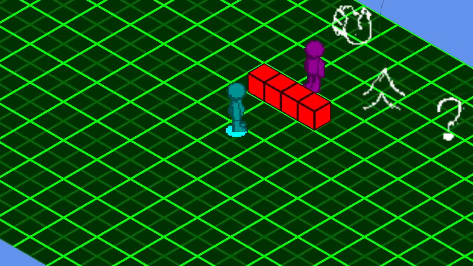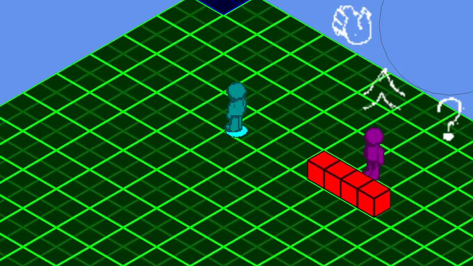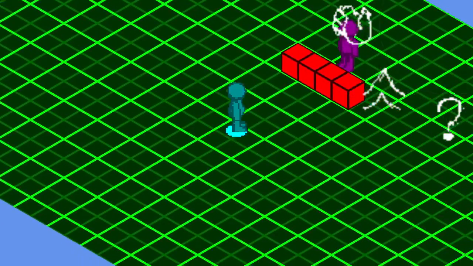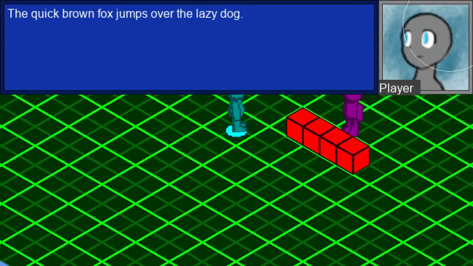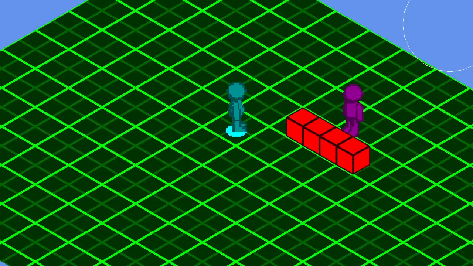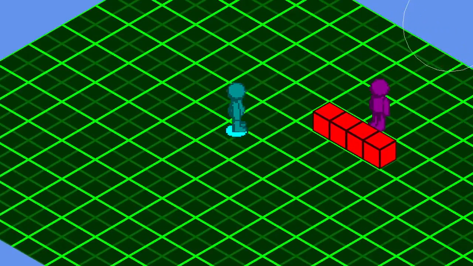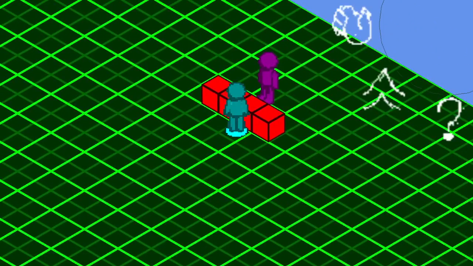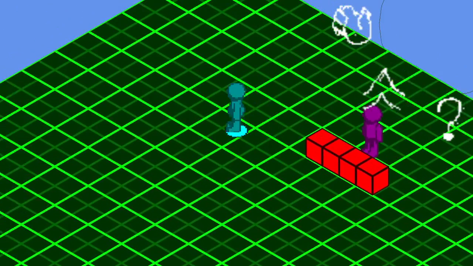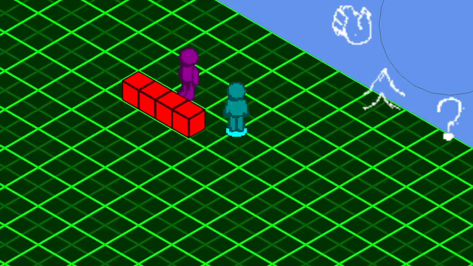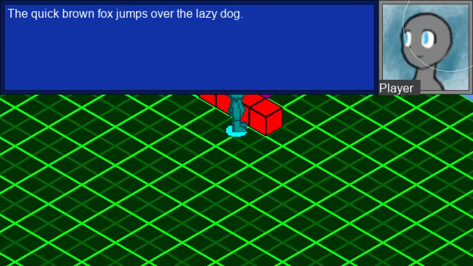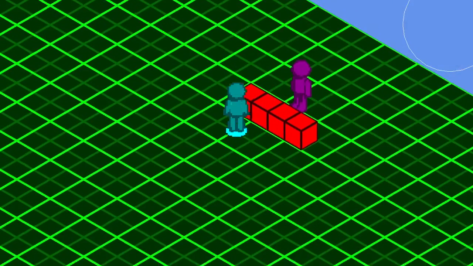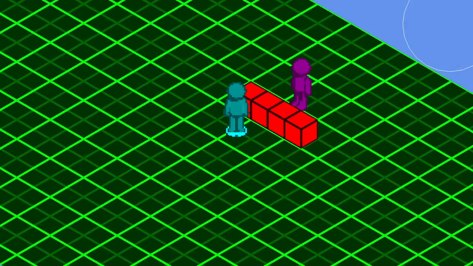I'm still holding the letter J, and if I release it, basically it goes through the conversation, whatever that conversation is going to be. So again, this is just a mock-up. It really doesn't interact with anything, just to see how the flow will work.